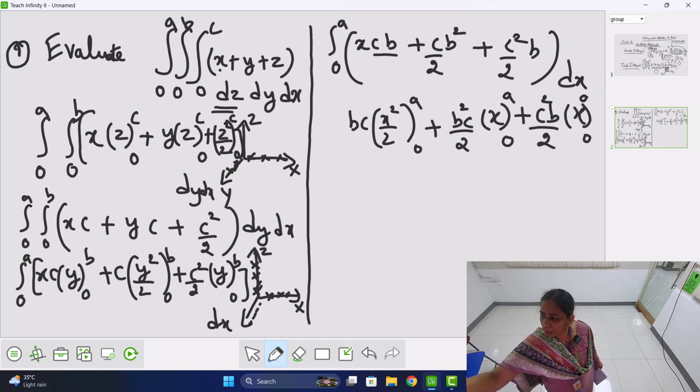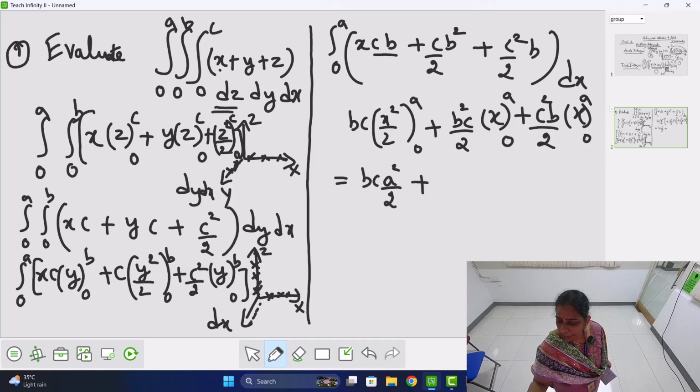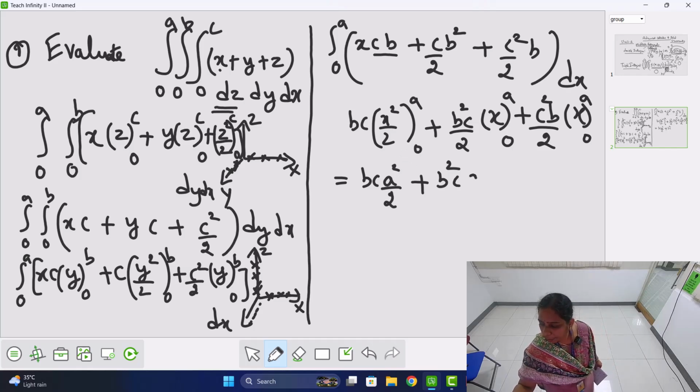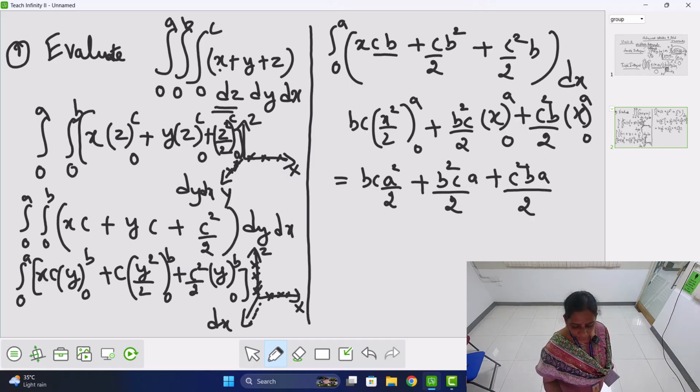So 0 to a. So what I get finally? bc a squared by 2 plus b square c by 2 plus c square b a divided by 2. So I got my volume for this respective function.